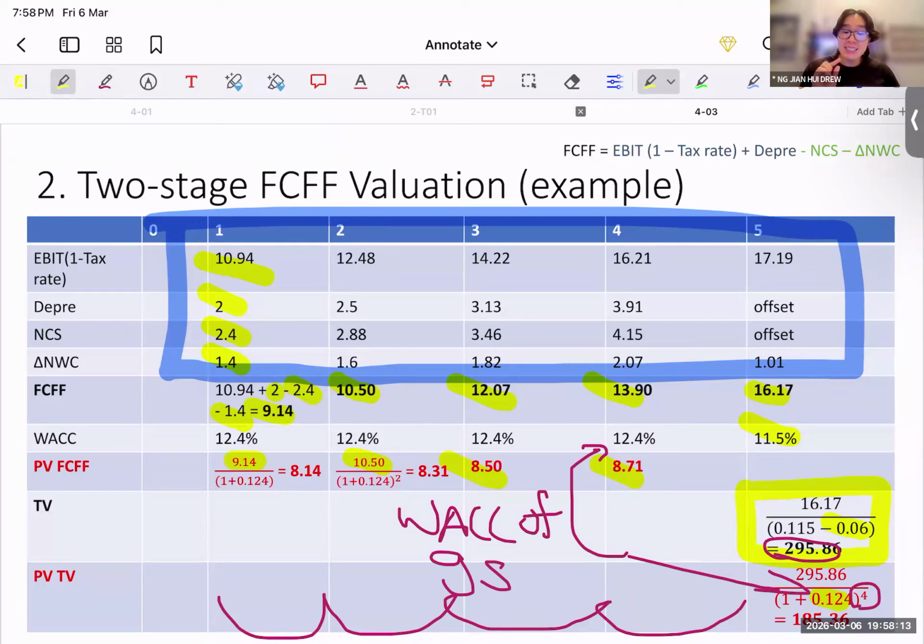You do not use the WACC of 11.5. I'm going to repeat this, as it is a very critical point: when we discount our terminal value for a 2-stage model, we need to discount it based on the WACC of the supernormal growth stage, which is 12.4%.